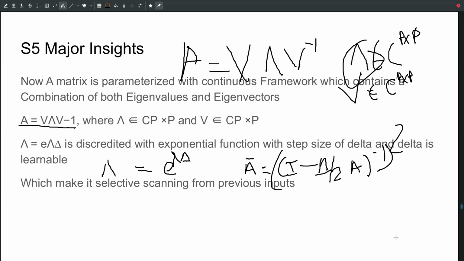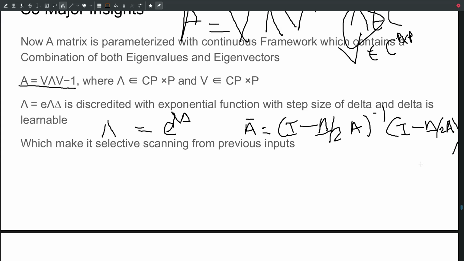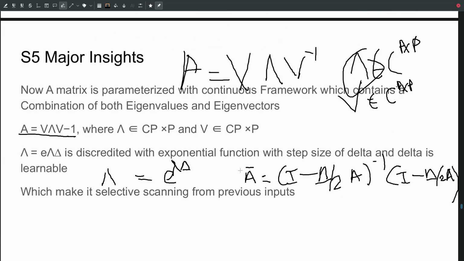It's really wrong from the matrix perspective, but eventually you're doing squared, because transpose into this thing is squared. So this is how you discretize the A matrix on S4. But on S5, you discretize the diagonal matrix directly using this operation.